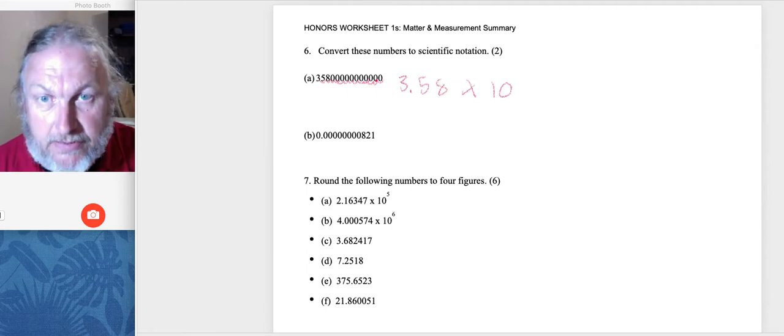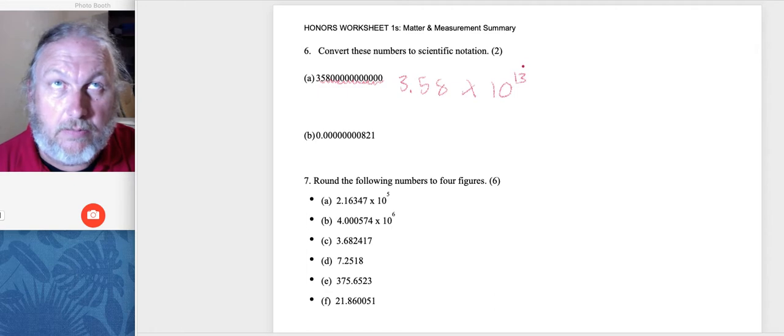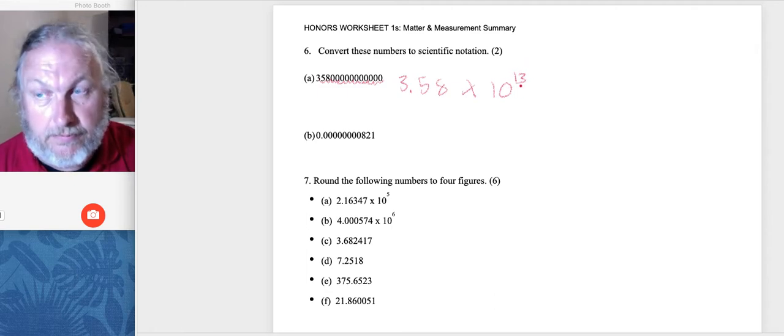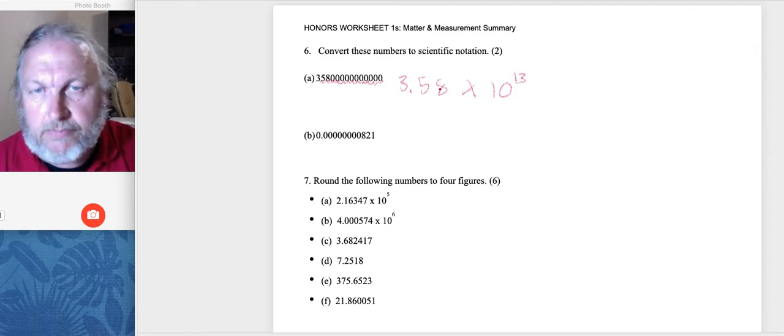That's 10, 100, 1,000, 10,000, 100,000, million. It keeps going on and on. But that means I moved that decimal over 13 tens places, so that's 1 with 13 zeros after it. So I've got 3.58 times 10 to the 13.